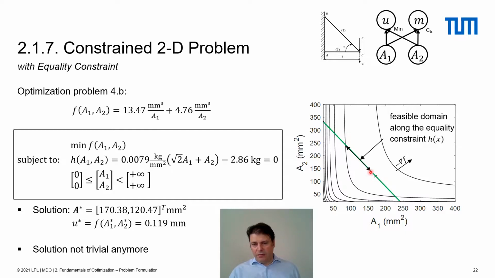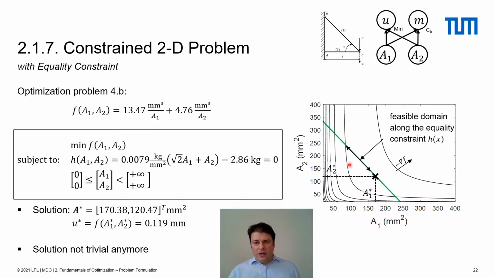And among those points, we need to find the one that is best, and that actually will be exactly at the same location as where the boundary optimum of the inequality constraint problem was. Why? That's easy to argue.